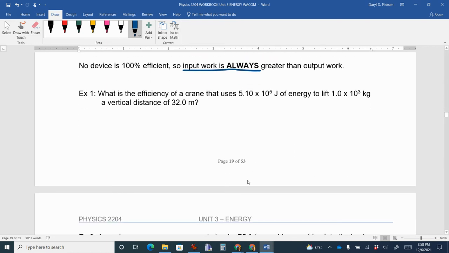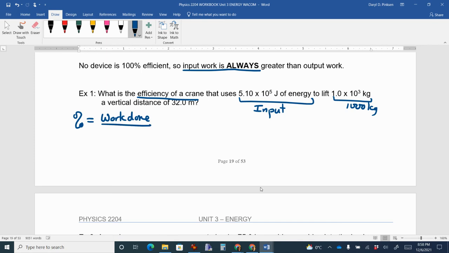So these are the kind of questions you get about efficiency. What is the efficiency of a crane that uses, so here is the input energy, that's how much energy was actually in the gasoline that was burned, and it lifts 1,000 kilograms a distance of 32 meters. So our efficiency is the work done, what you asked it to do, divided by the input energy.